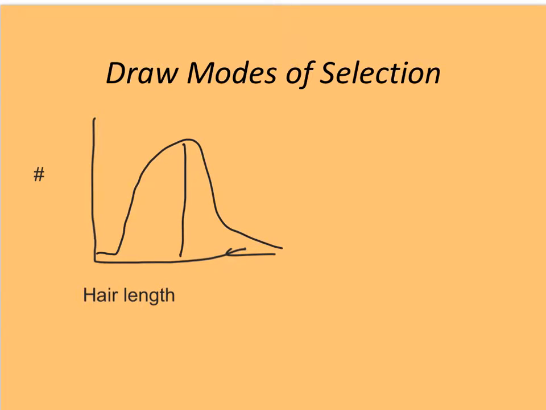This is number of individuals. So most individuals are closer to the center. This is the average, and we'll say that's 6 inches for the hair length, with a range from 0 up to 12. Okay, so in these wolves that we're looking at right now, most individuals have an average hair length of 6 inches.